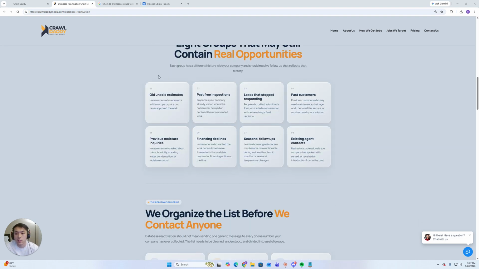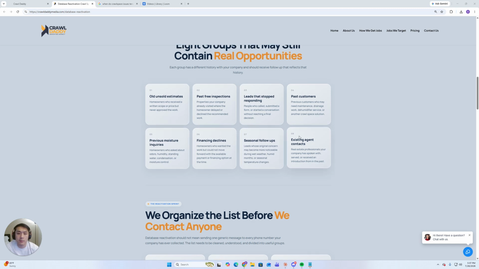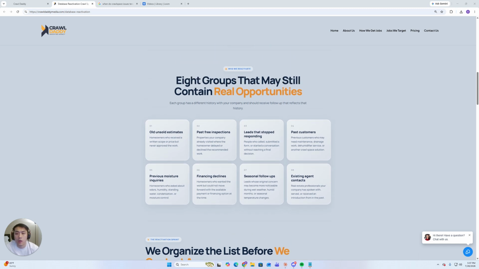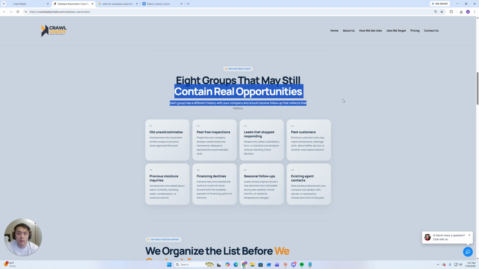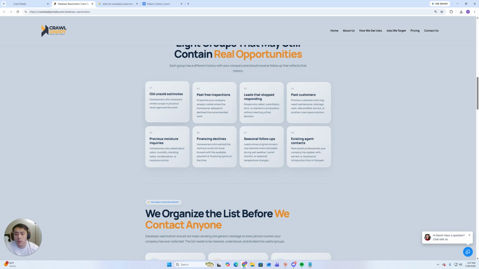So if I scroll to this section here, the 8 types of candidates that we hope to target and get you more business from are unsold estimates. These are homeowners who received a scope and a price or a quote but never approved the work. Past free inspections. These are people that requested a free inspection from you guys, but never actually followed through with the work.